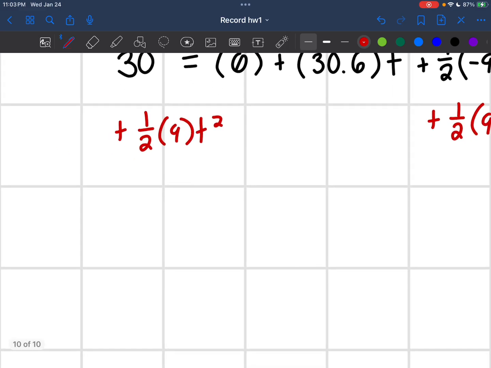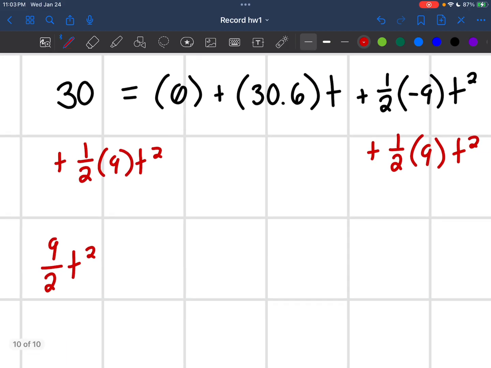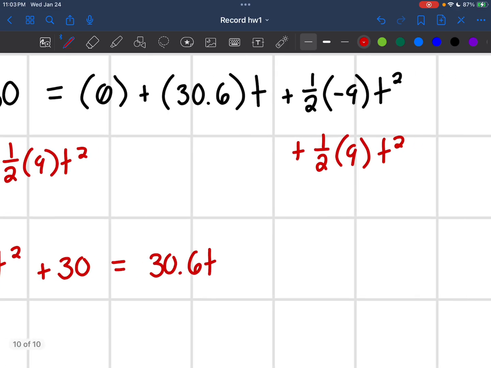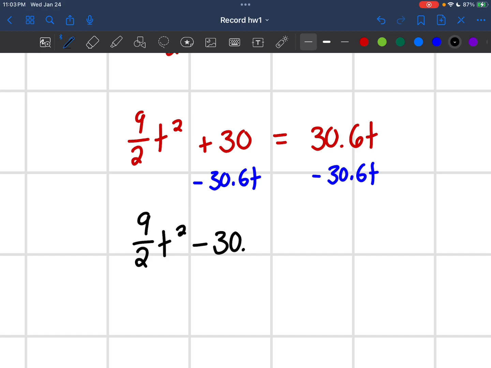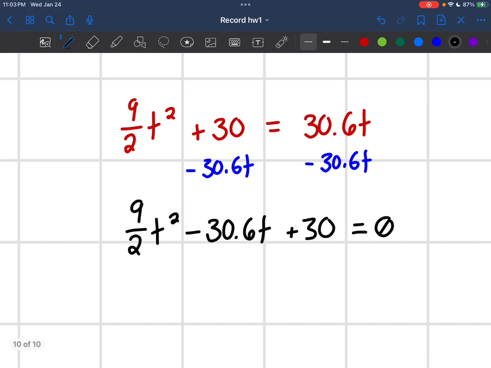And what that's going to give me is 1/2 9 over 2 t squared plus 30 equals 30.6 t, right, because I got rid of that on that side. And then I'm going to subtract 30.6 t from both sides of my equation and rewrite it. So it's going to be my 9 over 2 t squared minus 30.6 t plus 30 equals 0.